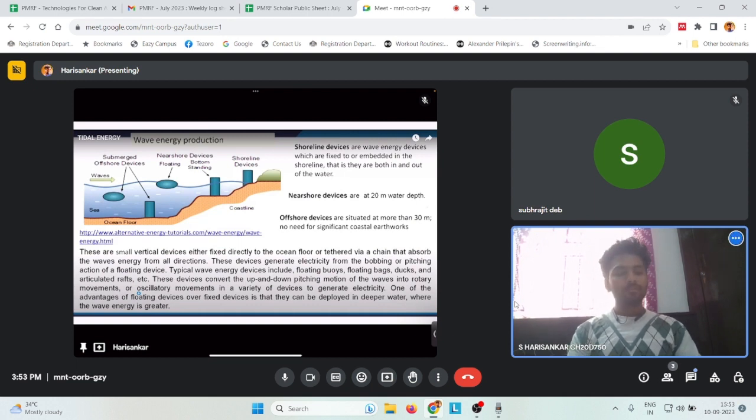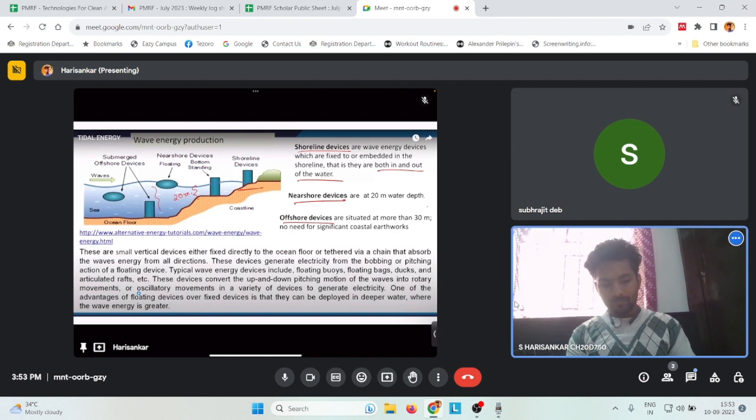So in order to produce wave energy, we have different devices. Shoreline devices are basically ones that are found on the coastline. They can be both in and out of the water. And you have something called nearshore devices, which are usually at 20-meter depth in water.